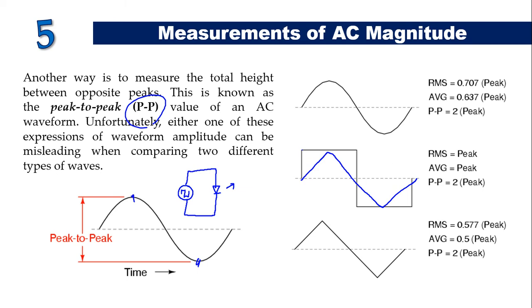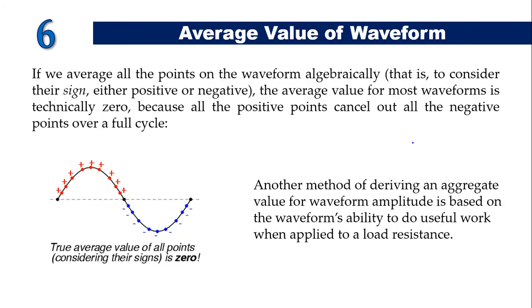Okay? Kaya naman, there's another way of expressing the amplitude ng different wave shapes. Another way of expressing the amplitude of a wave shape in a more equivalent fashion is to mathematically average the values of all points sa isang wave.